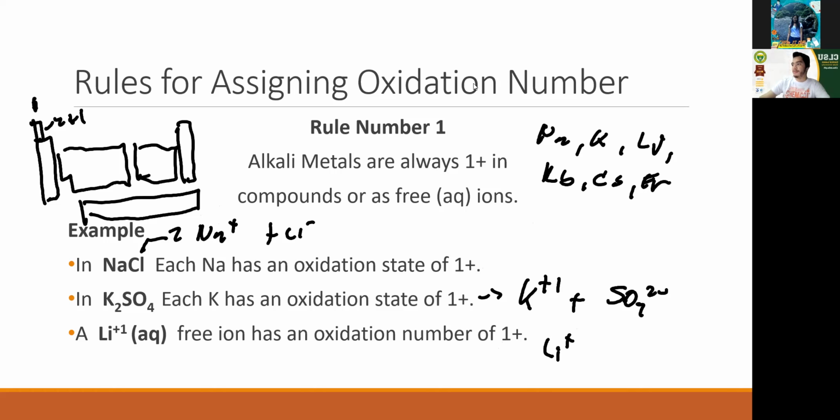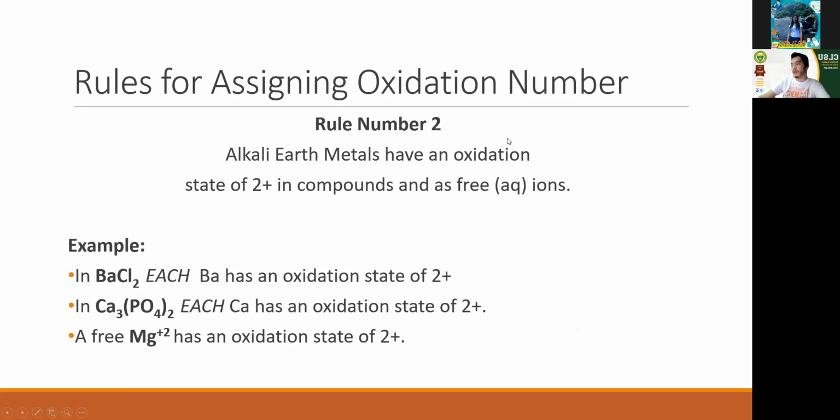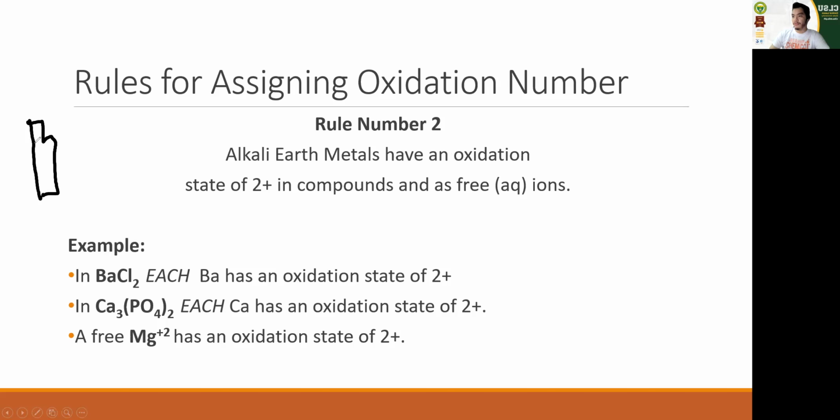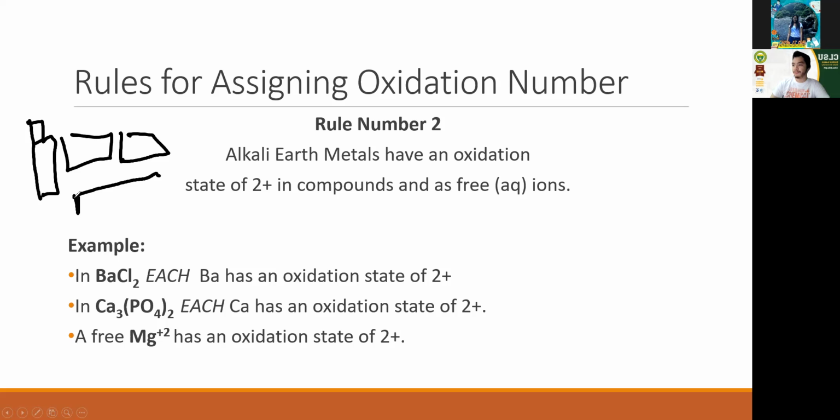For rule number 2, alkaline earth metals. Going back to the periodic table we drew earlier, I erased it. If this is the periodic table, group 1, then group 2 is here. Group 2 is the alkaline earth metals. So what are the alkaline earth metals? You have beryllium, magnesium, calcium, strontium, barium, and radium.